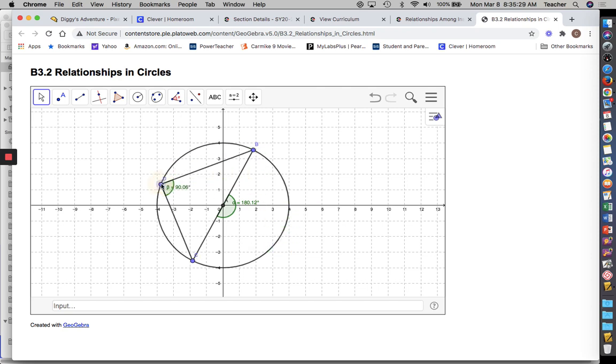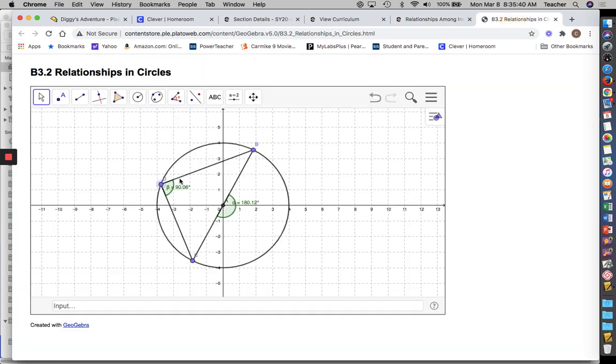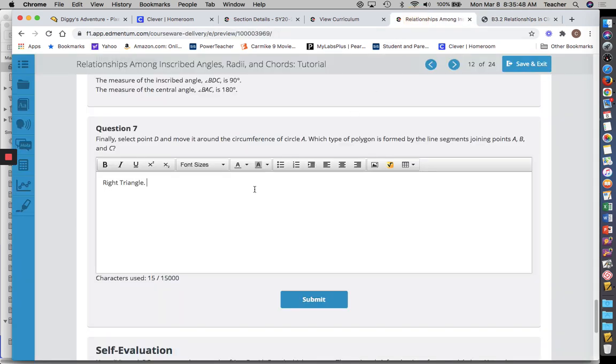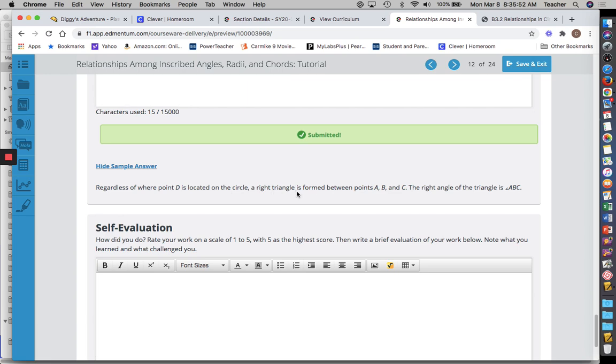So this is a right triangle is what they're going with. It's a right triangle because technically this should be 90 degrees. And no matter where I move it, it's going to stay 90. I just couldn't get this perfectly on 180. So that's a right triangle, you guys. So regardless, it is a right triangle.